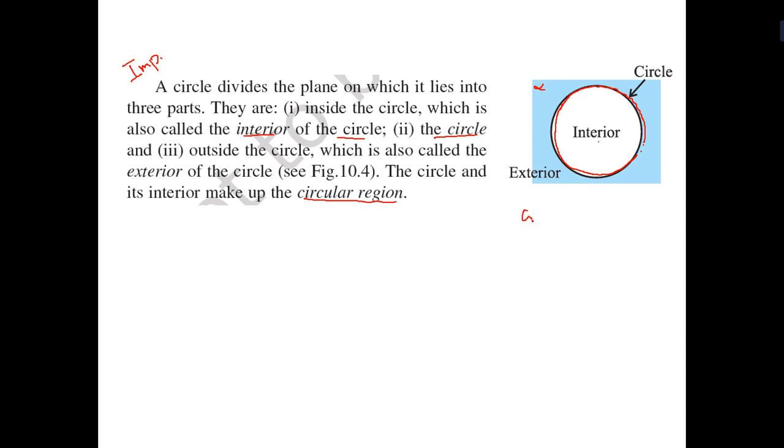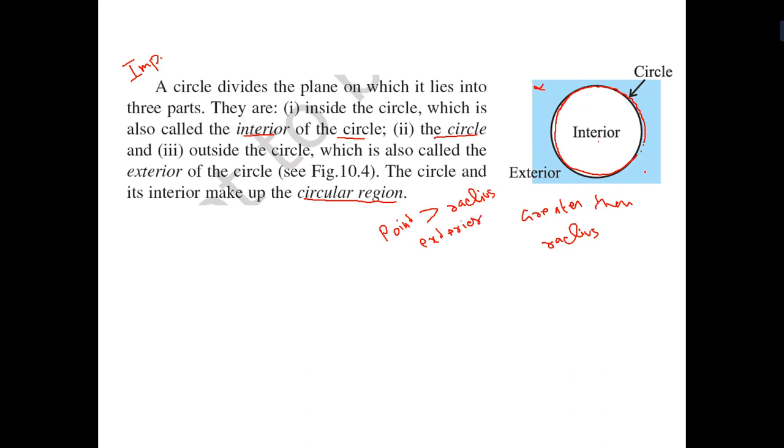Points at a distance greater than the radius are exterior.